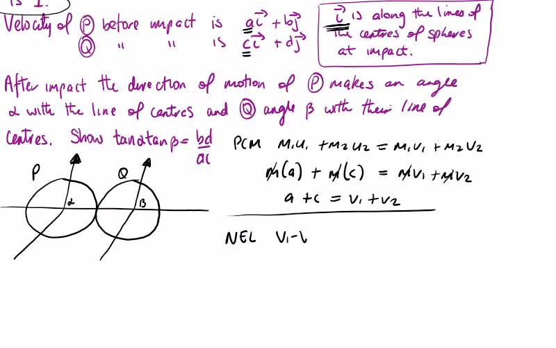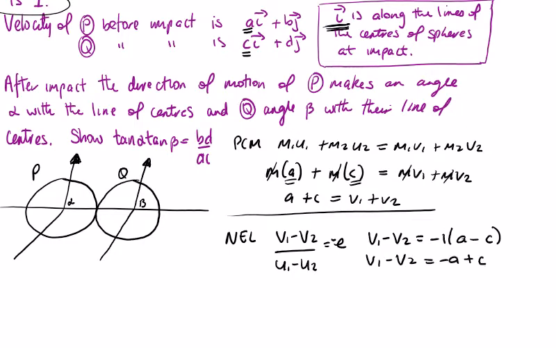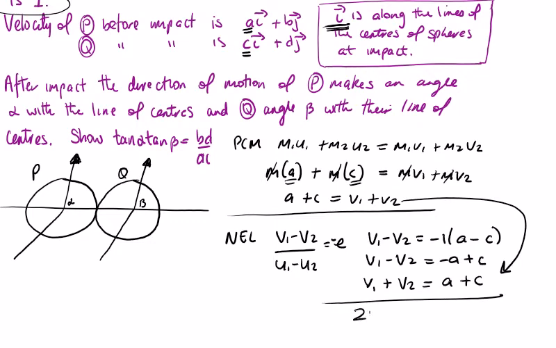So we have V1 minus V2 over U1 minus U2 is equal to minus E. So V1 minus V2 is equal to minus 1 times U1, A, minus U2, C: A minus C. V1 minus V2 is equal to minus A plus C. And we also have V1 plus V2 is equal to A plus C. So we're going to get 2V1 is equal to, well, the A's cancel, 2C.